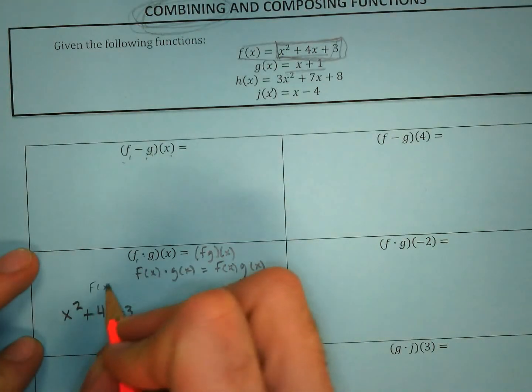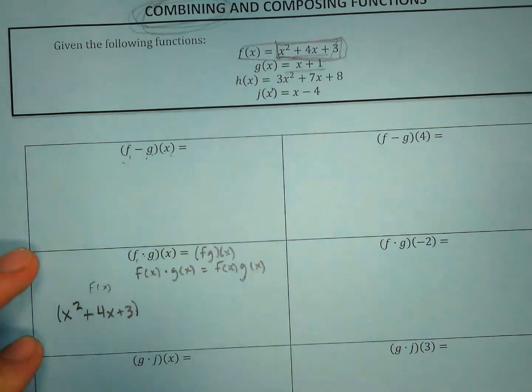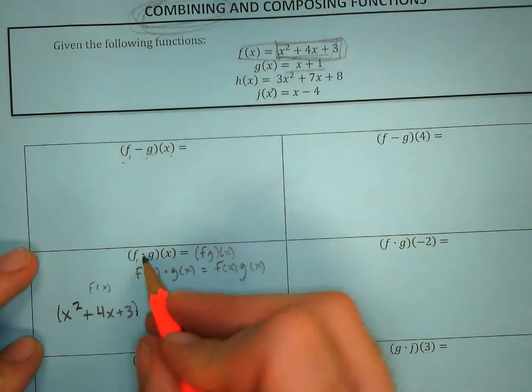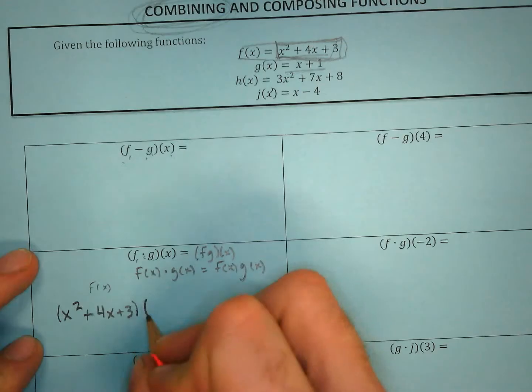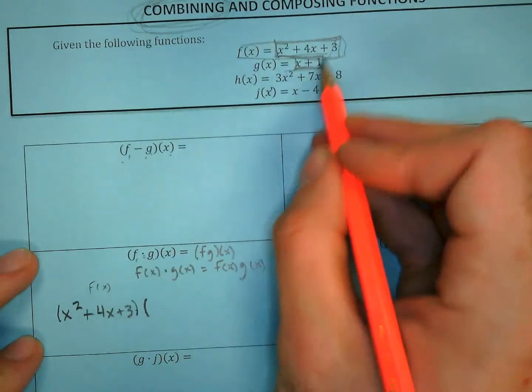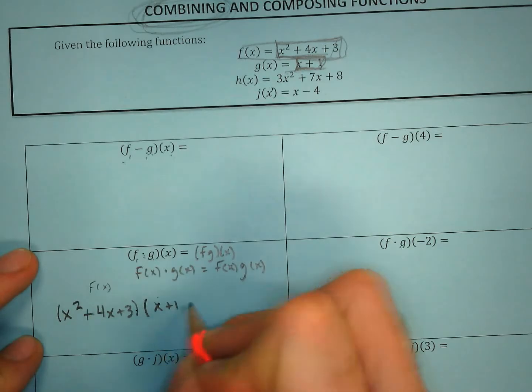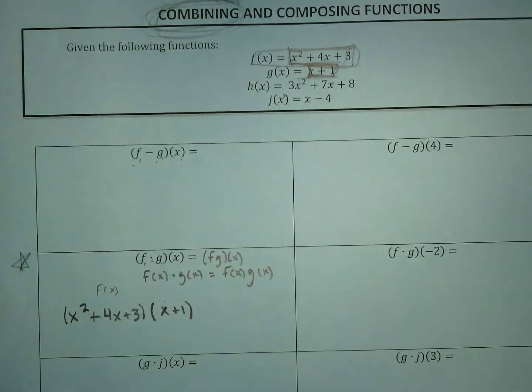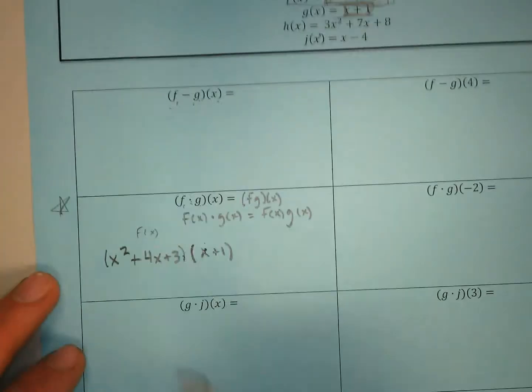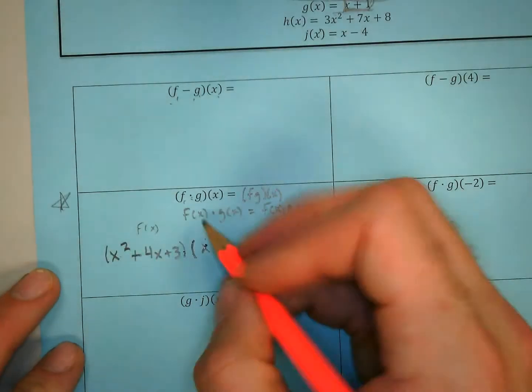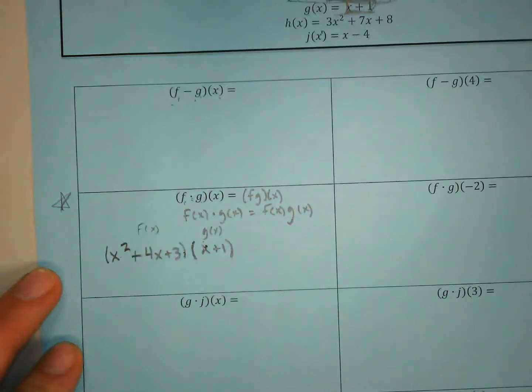That's f(x) right there. And we're going to multiply, that dot means multiply, by whatever g(x) is equal to. Up here it says x plus 1, so x plus 1. So we got some multiplying to do. This is g(x).